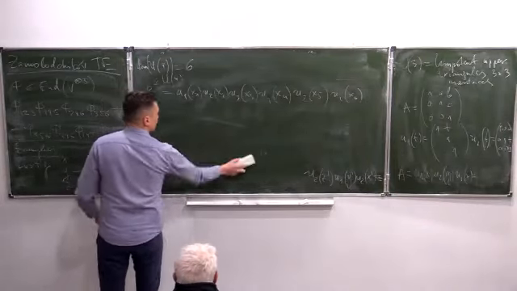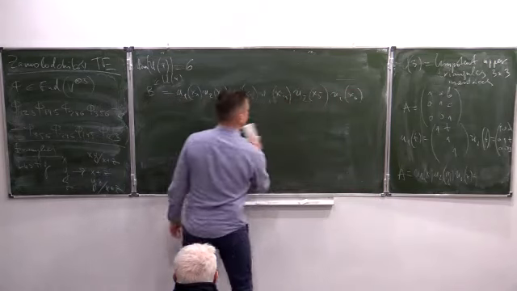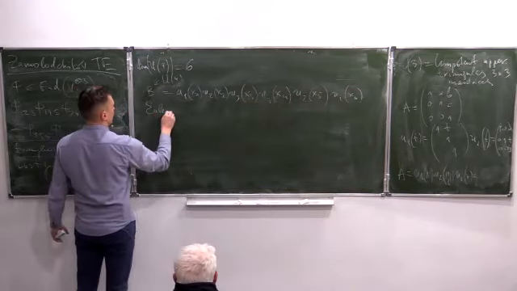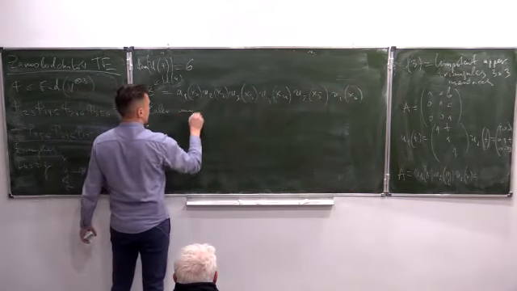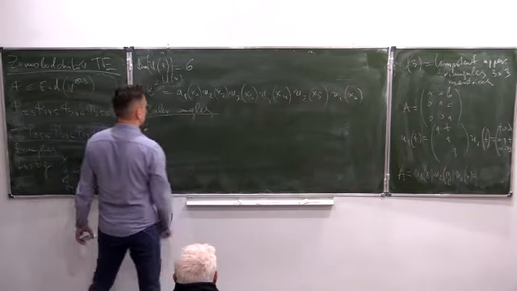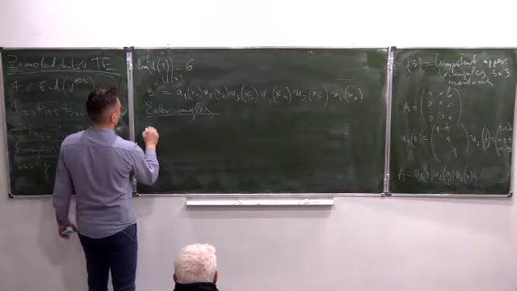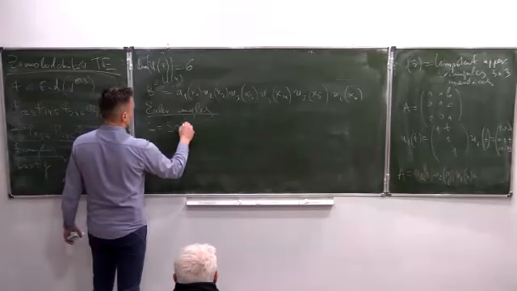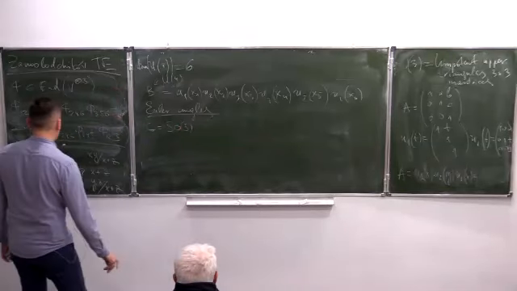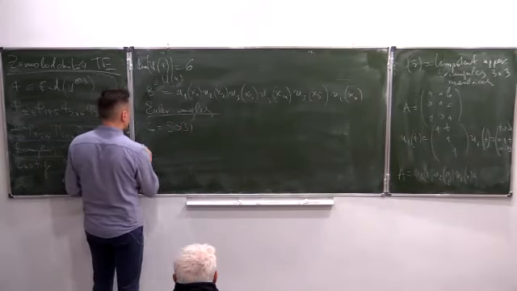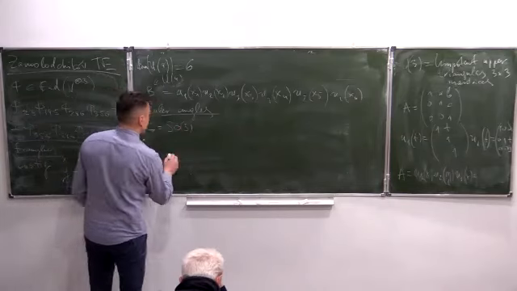So another one: Euler angles. Let our group be SO3, and almost all elements of this group can be represented in the following way.